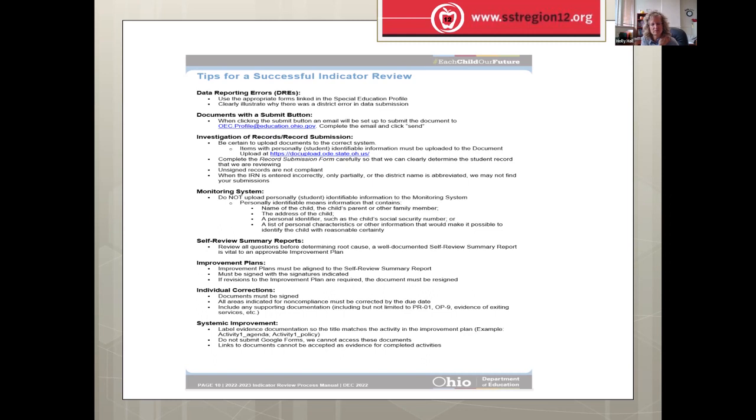That's a separate office that some of those forms will be sent to. And they give you some tips for the investigation of records and record submission, which investigation of records, we don't have to worry about, that's already occurred. And then just navigating the monitoring system.